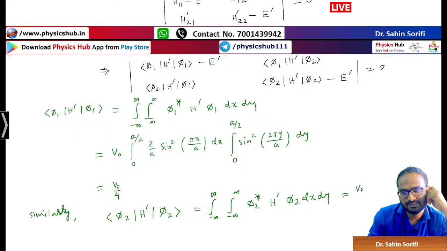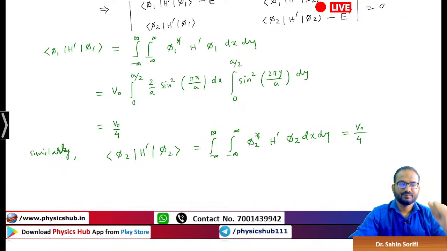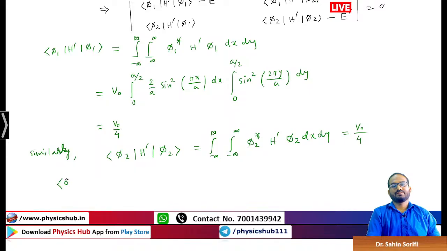This will also give you V naught by 4. You can calculate it. Phi 1 h prime phi 2 is minus infinity to plus infinity, phi 1 star h prime phi 2 dx dy.